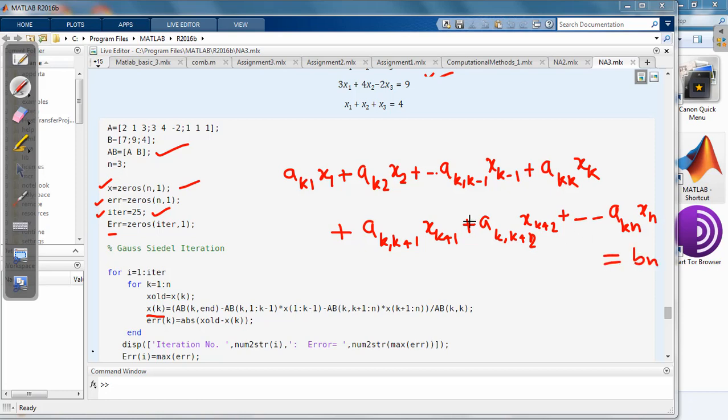It is of this form. So I have written the nth equation, from where we are finding out xk. Xk is the diagonal term.